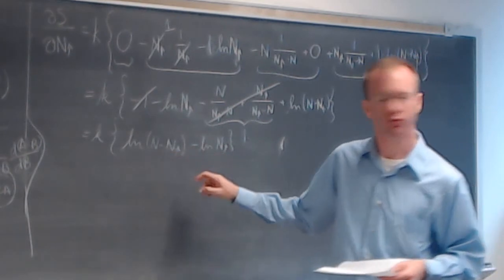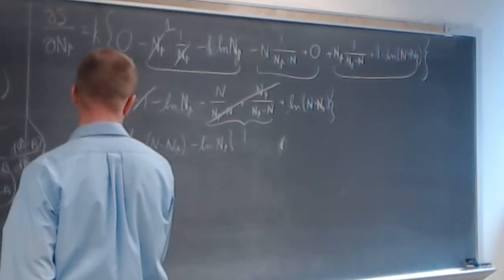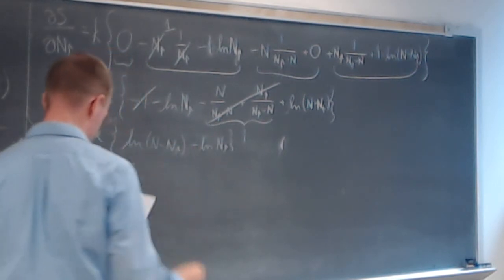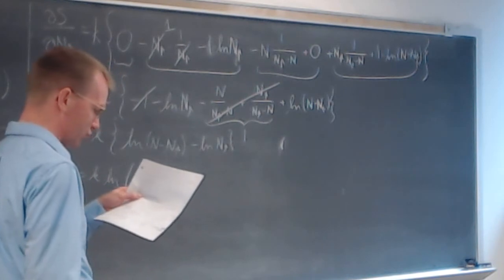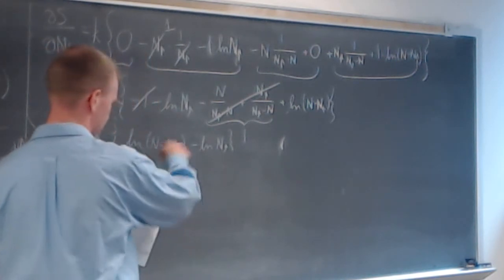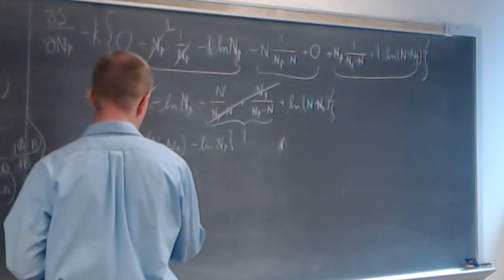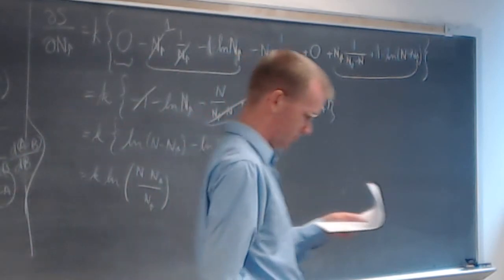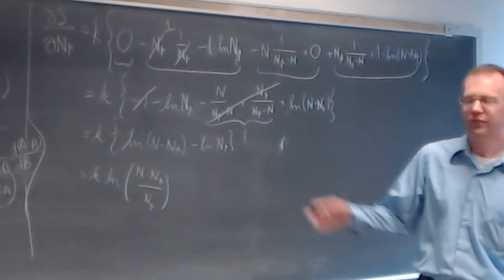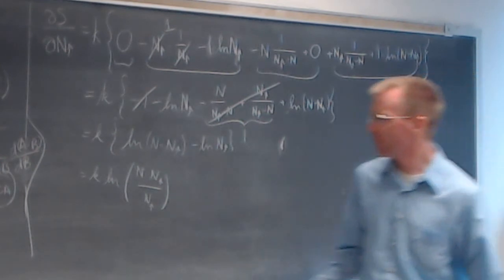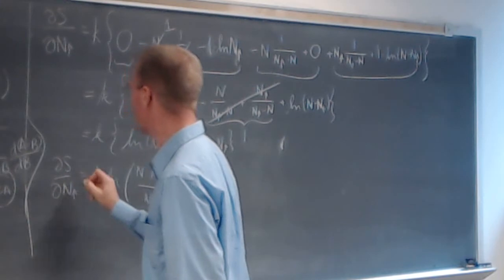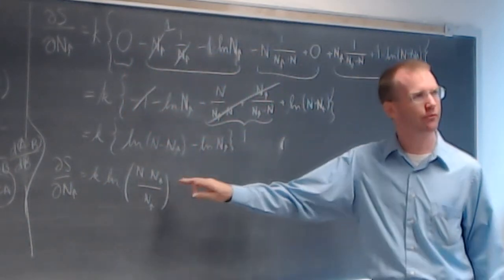We've got the difference of two natural logs, which means we can take the ratio of the arguments here. Now see, that's not so bad. That's manageable.